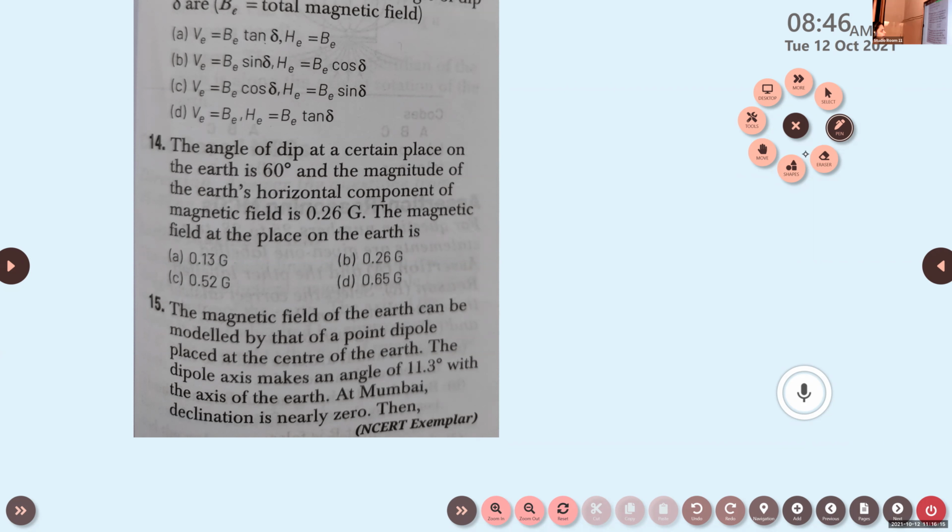The magnetic field at the place on the earth is 0.13 Gauss, 0.26 Gauss, 0.52 Gauss, or 0.65 Gauss. Whenever the angle of dip and the horizontal component are given, we have only one equation to solve this problem: H = BE cos I, where I represents the angle of dip.